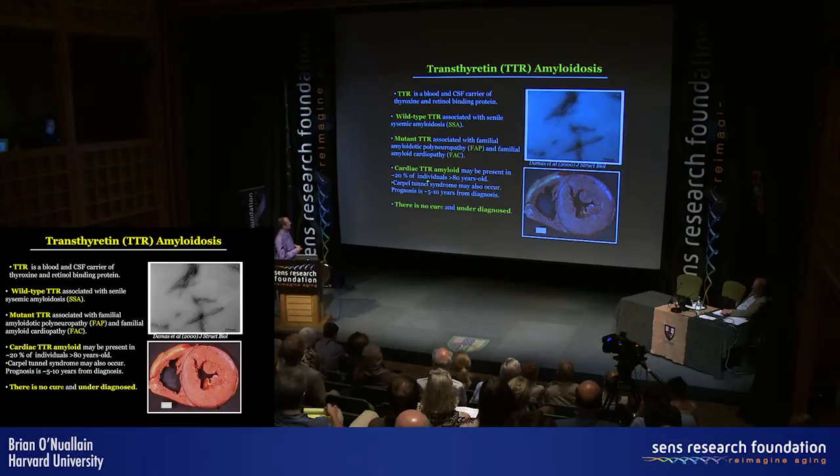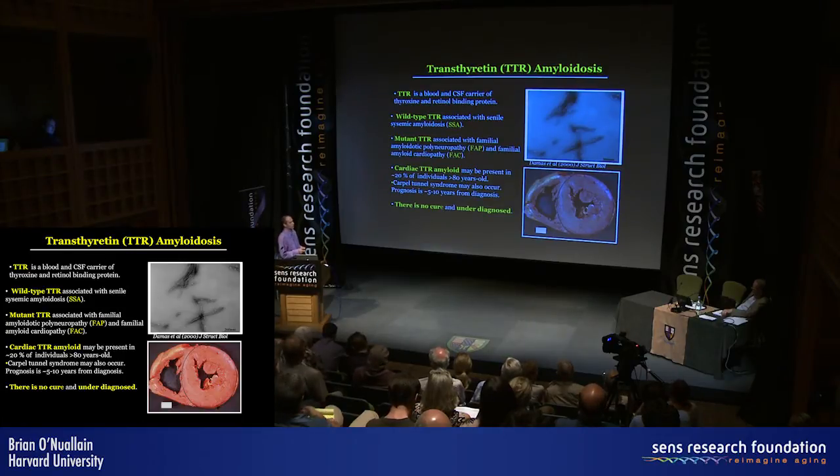Recent studies suggest that even as much as 20% of individuals over the age of 80 might have deposits of TTR in their heart. The disease is also associated with carpal tunnel syndrome, where early deposits of TTR can also happen in the median nerve in the wrist of these patients.